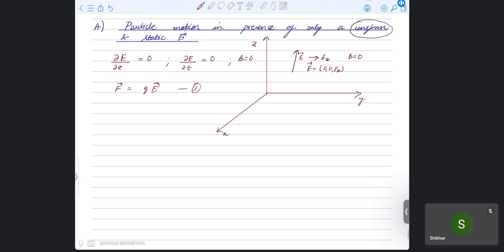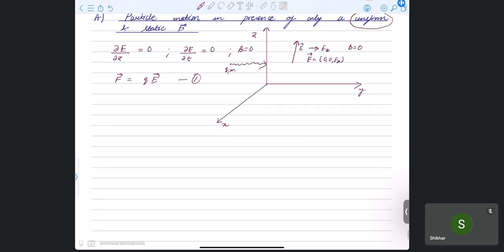Now suppose you have some charged particle, with mass m and charge q. It is moving into this medium. So this particle will face some force from this electric field. That force is qE.